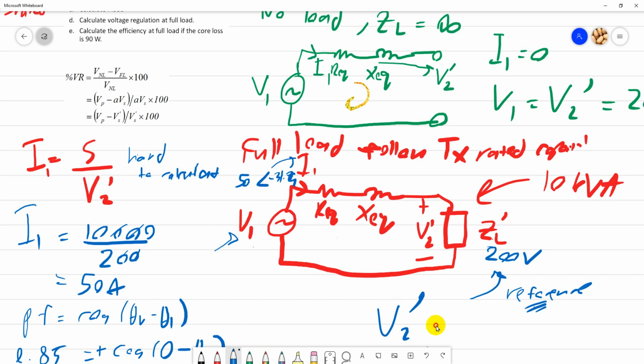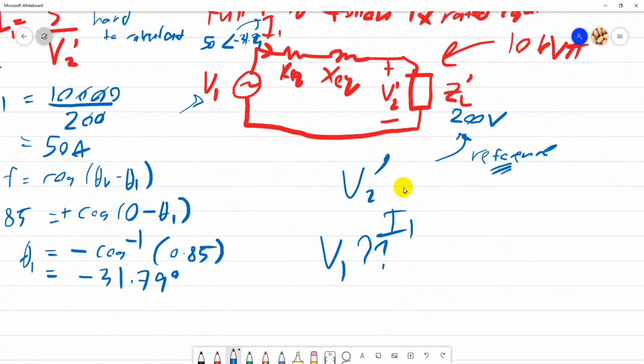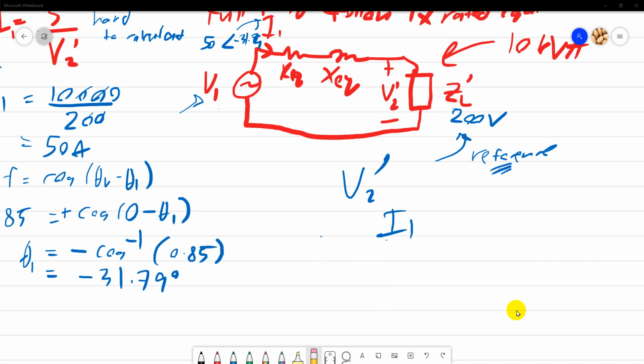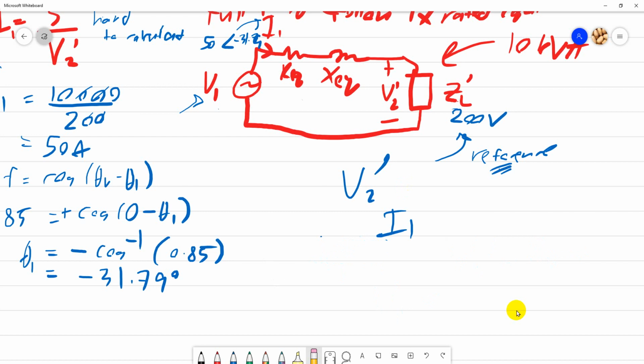So basically you have to use this new condition where the V2 bar is 200. So V1 is, you calculate here. You have to recalculate V1.